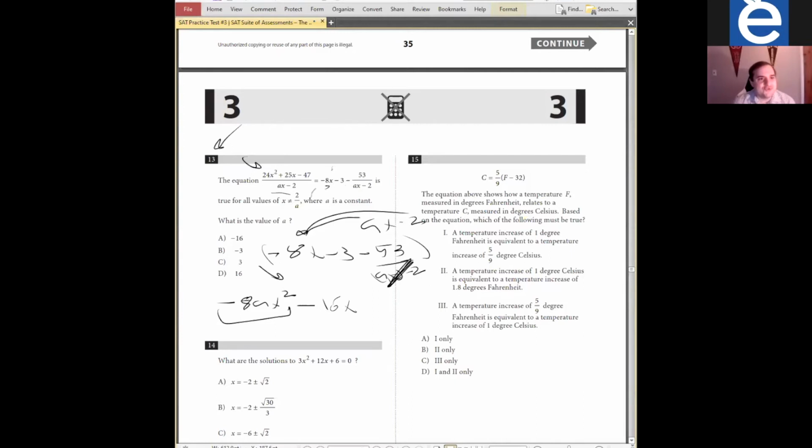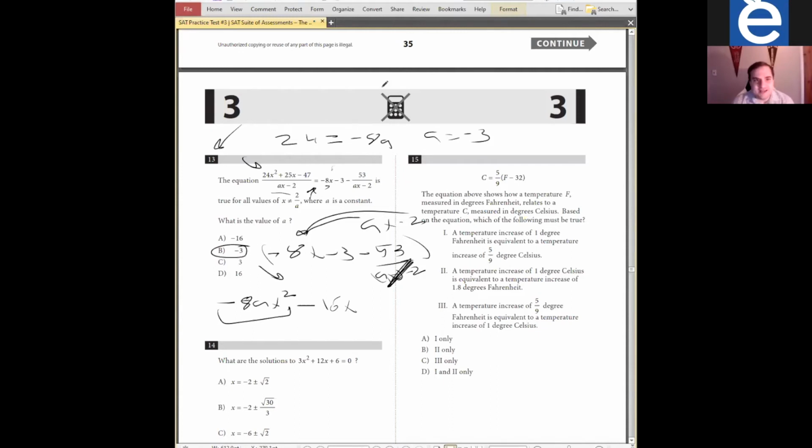Now, if it's true that these equations are equal, the coefficient attached to x squared on both sides needs to be the same. So what do we know? We know 24 is equal to negative 8a, right? Little division, a is equal to negative 3b.